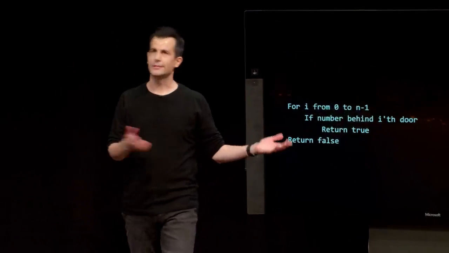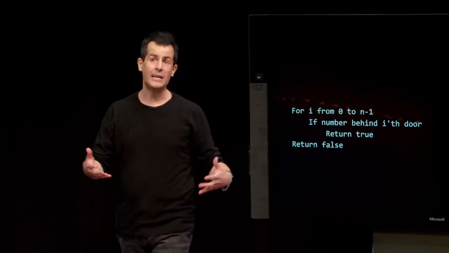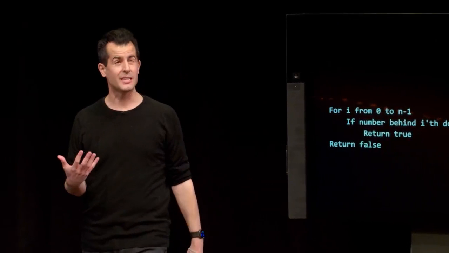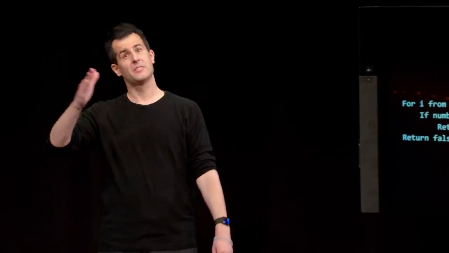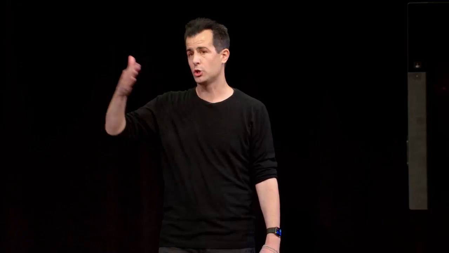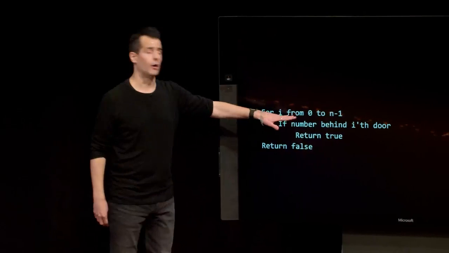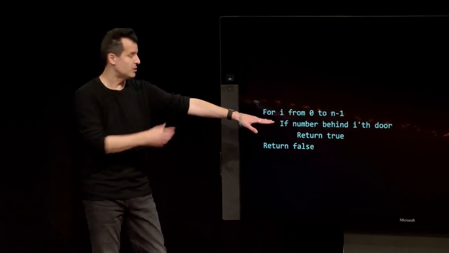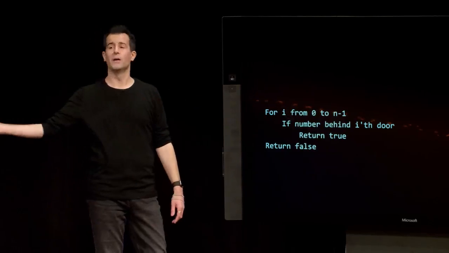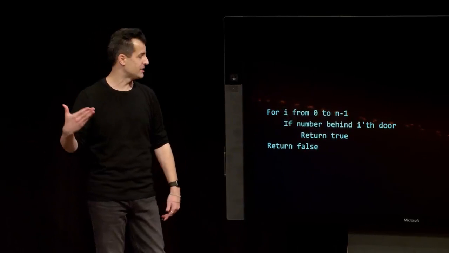Computer scientists tend to start counting from 0. If there are n doors, or 7 doors in this case, you want to go from 0 on up to 6, or from 0 on up to n minus 1. So this is a very common way of setting yourself up with a for loop, maybe in C, maybe in pseudocode in this case, that just gets you from left to right, algorithmically, step by step.